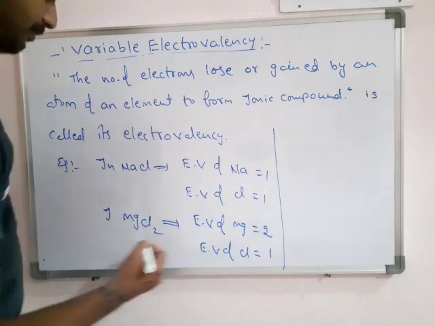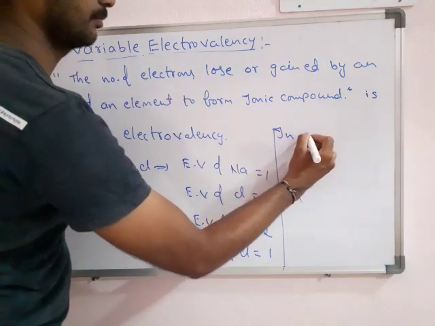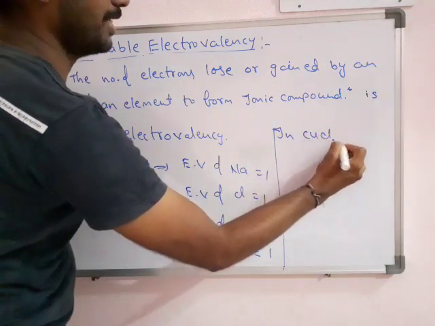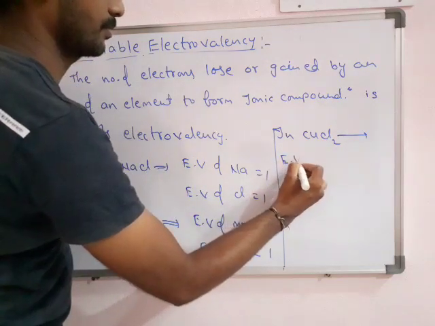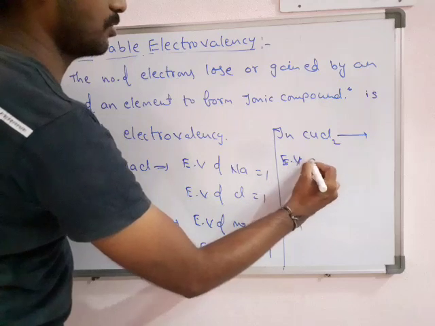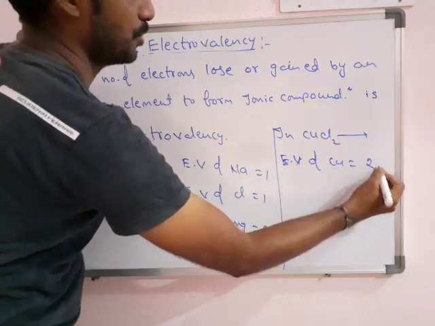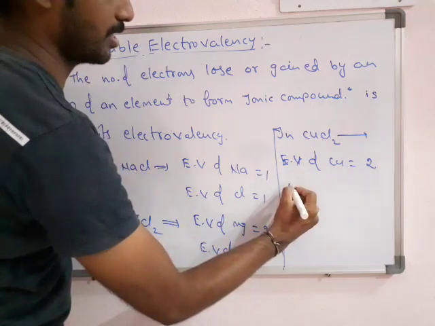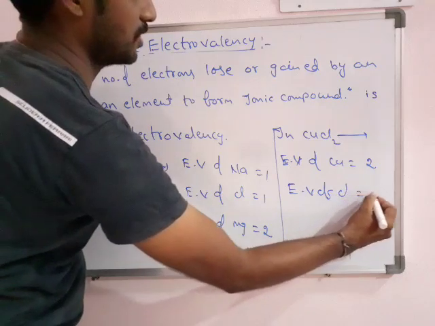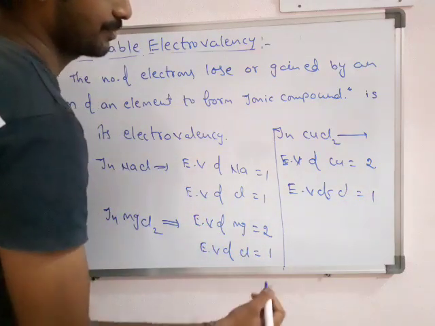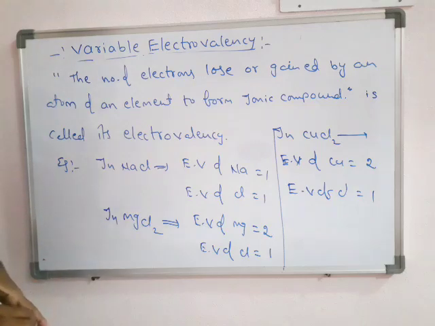If you take CuCl2, what is the electrovalency of copper? 2, because copper loses 2 electrons, whereas the electrovalency of Cl is 1.